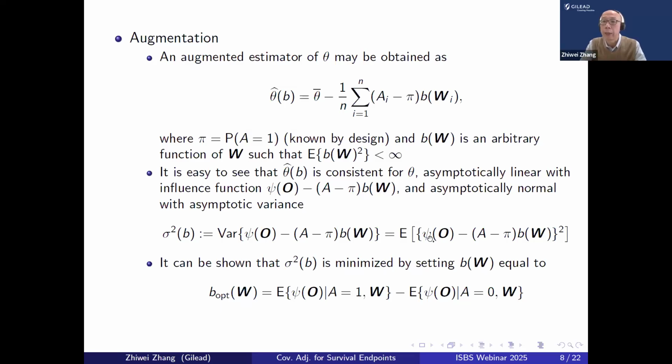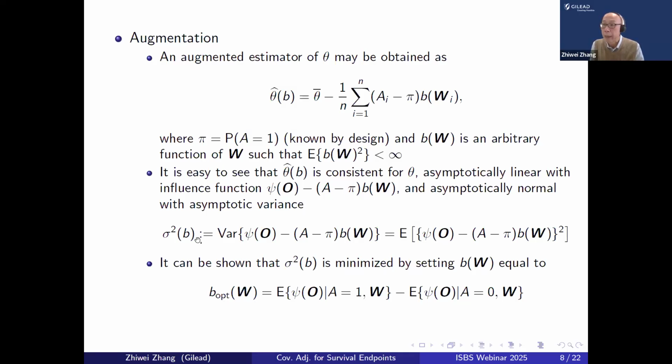Now we have a class of augmented estimators. Within this class, it makes sense to look for the most efficient one with the smallest asymptotic variance, right? This optimization problem is relatively easy to solve, and here is the solution: the optimal augmentation function, which minimizes this asymptotic variance.